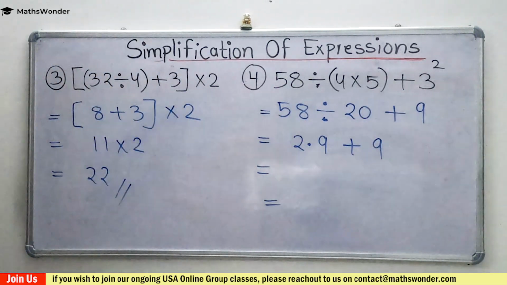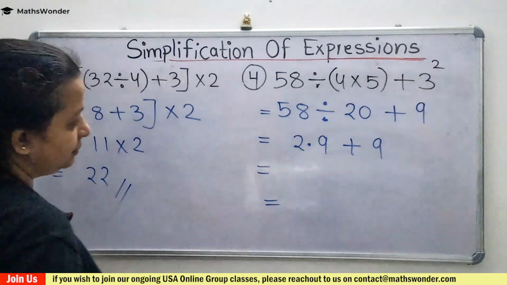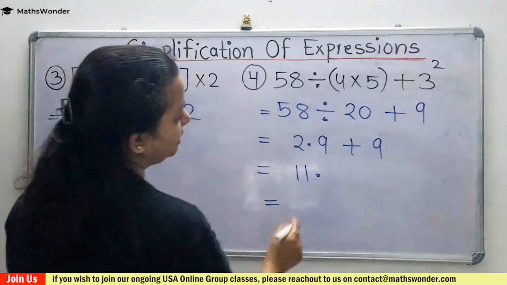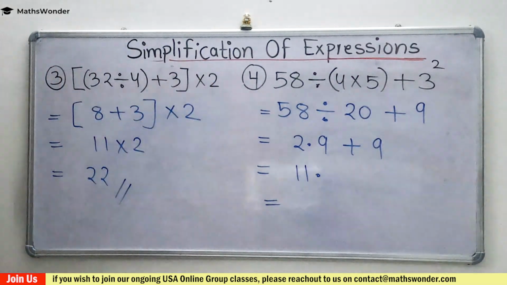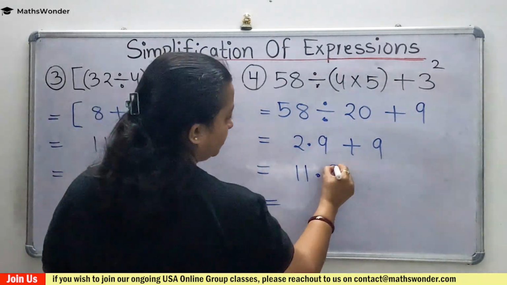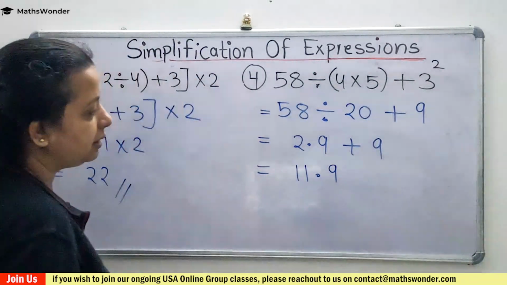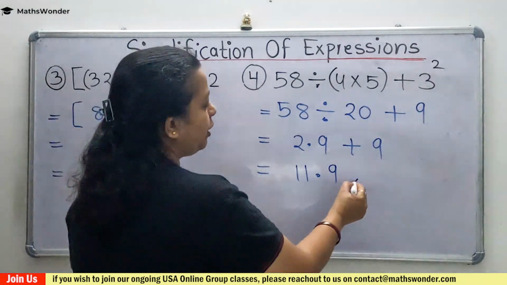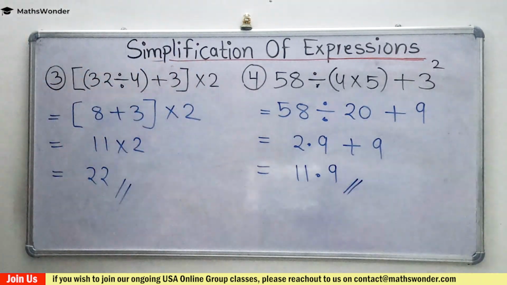So 2.9 plus 9 is 11.9. Where did you get that from? Yeah, 2.9 is correct.